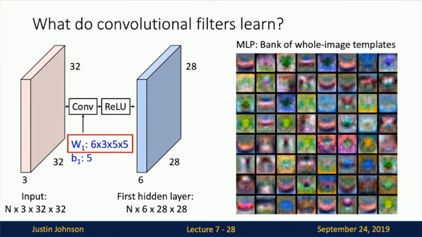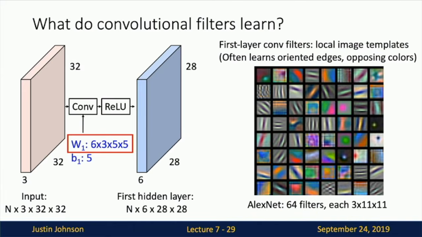Well, the convolutional network has a very similar interpretation, except that now, rather than learning a set of templates that are the same size as the full input image, it's learning a set of templates that are small and local in size.